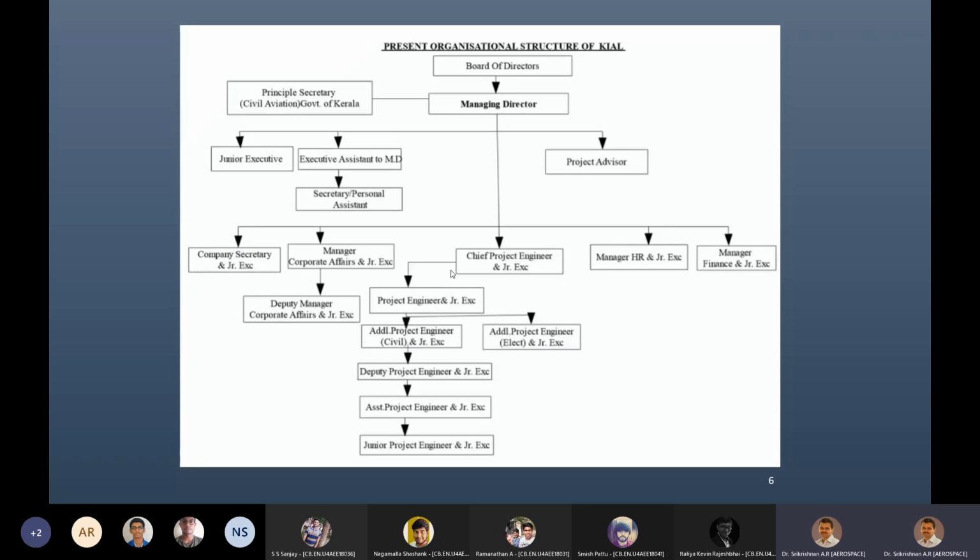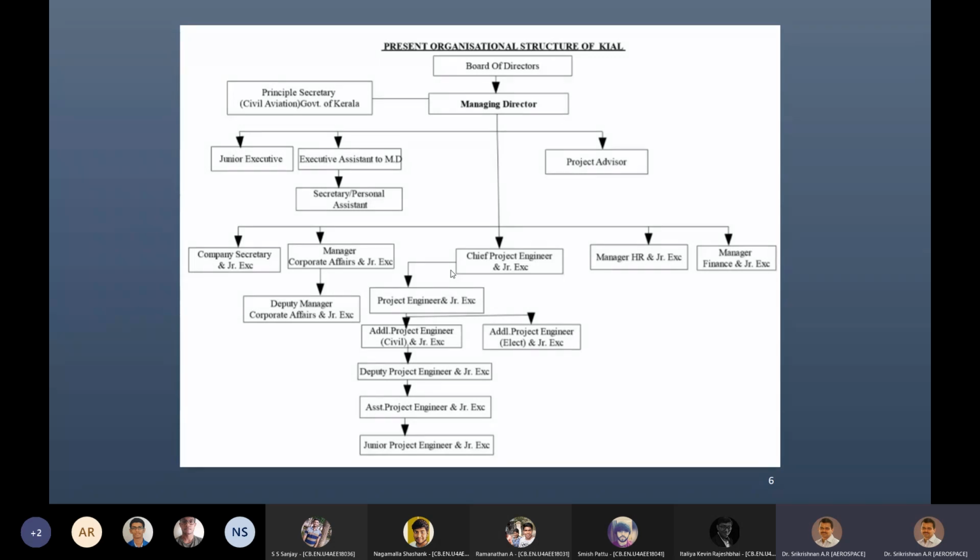As opposed to that, the MD has several departments that report to him or her. For example, if you look at the project engineer, he or she has a complete list of personnel who are reporting. Then you have the HR team, which is headed by the HR manager, and the manager for finance.